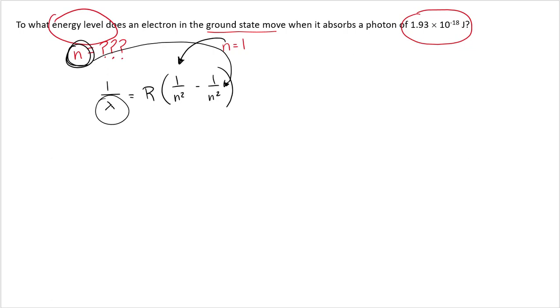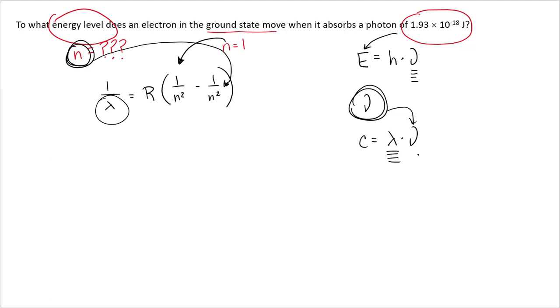How in the world do we get the wavelength? Well, we have an energy. Energy is equal to h times nu. So we put in the energy, solve for the frequency, and then c equals lambda times nu. Put that frequency in, solve for the lambda.